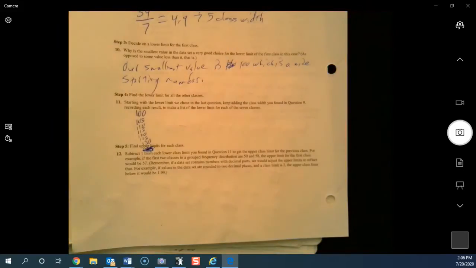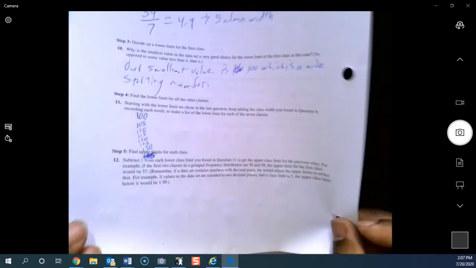The upper limit for the first class would be 57. Remember, if a data set contains numbers with decimal parts, we adjust the upper limits to reflect that. For example, if values in the data set are rounded to 2 decimal places and the class limit is 2, the upper class limit would be 1.99. So we don't have to worry about that right now.